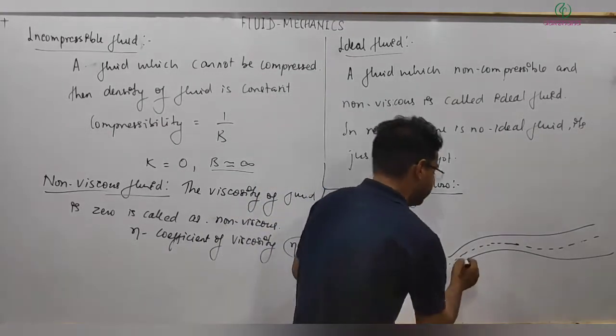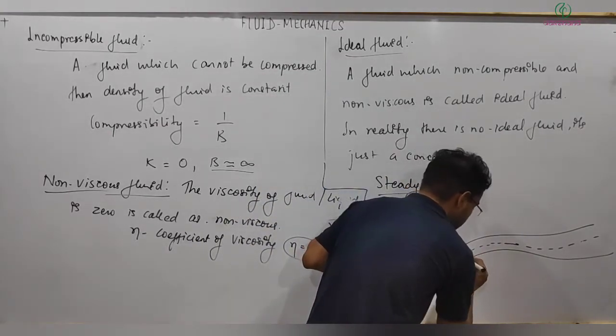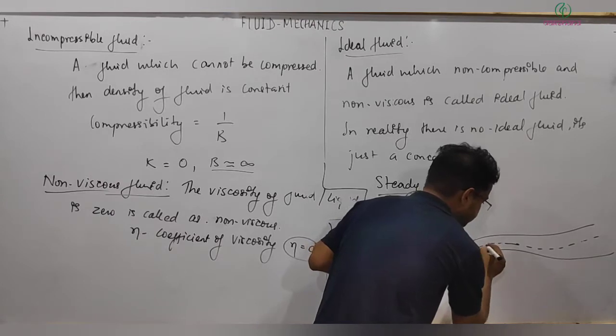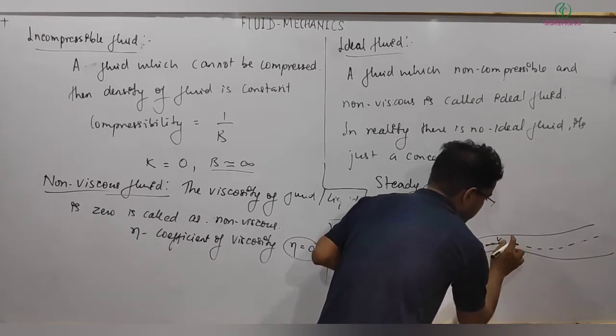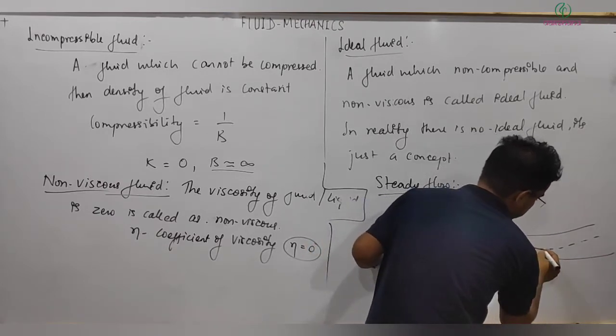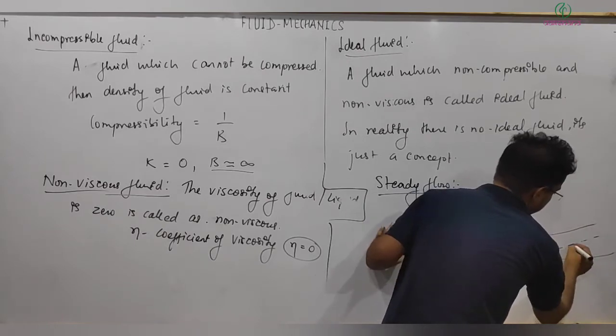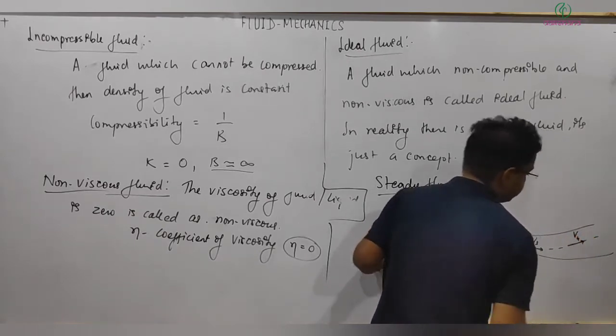So what is a steady flow? Just understand it, look at it. Let's say the velocity here v1, velocity of fluid flow here v2, here v3, and velocity of fluid flow here v4.